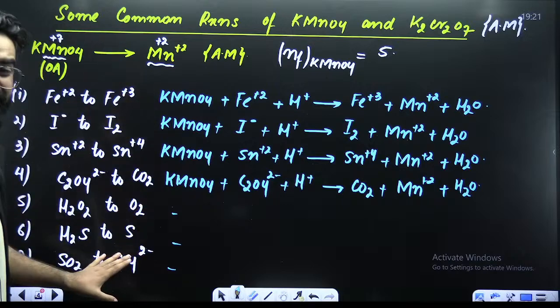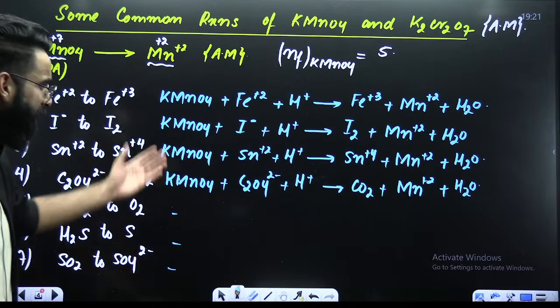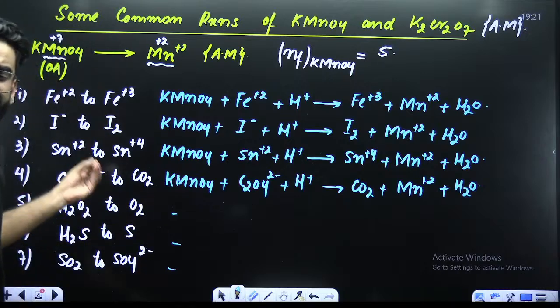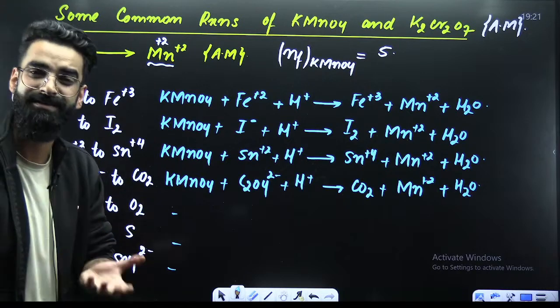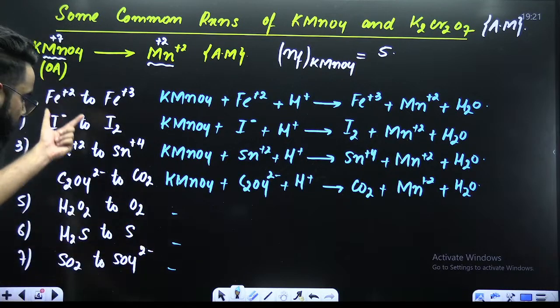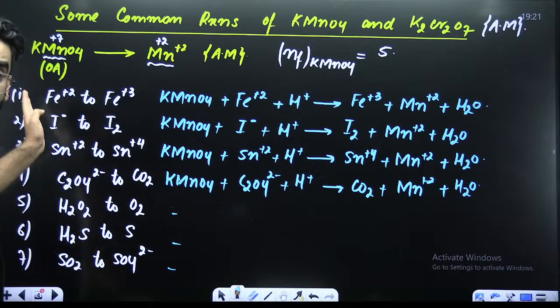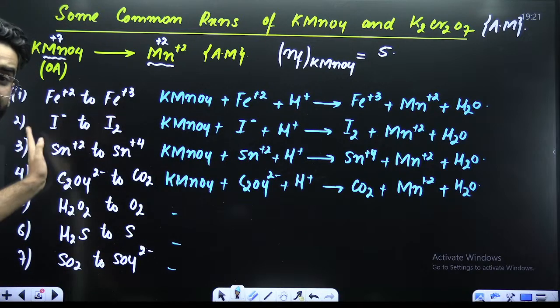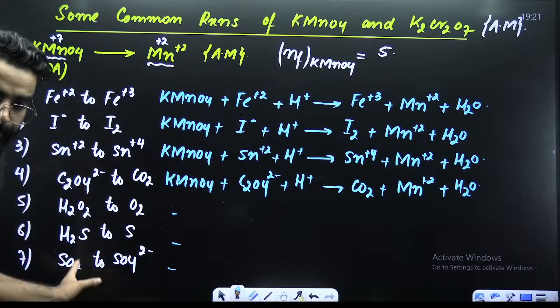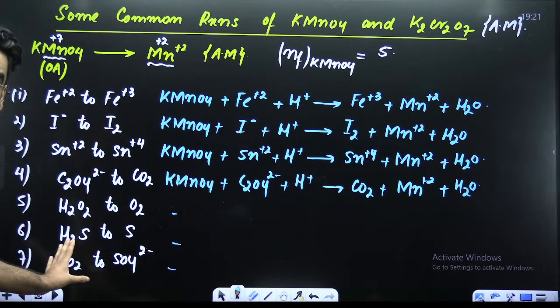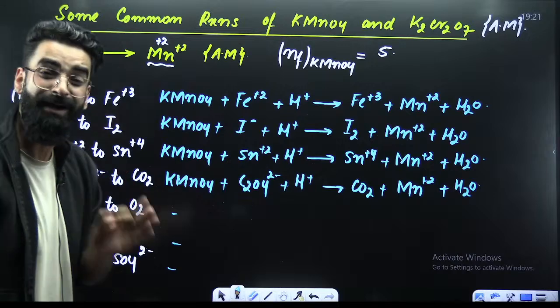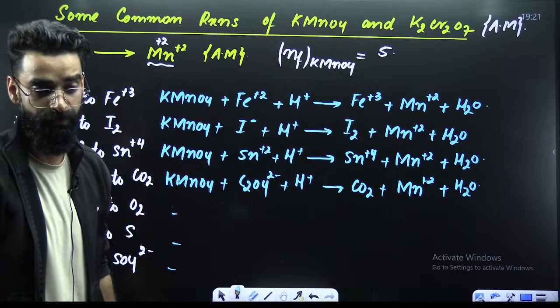These are a few reactions which you need to remember, and you can only write them if you know what KMnO4 does. It converts Fe di-positive into Fe tri-positive, I negative into I2, and so on. These are some important reactions shown by KMnO4.